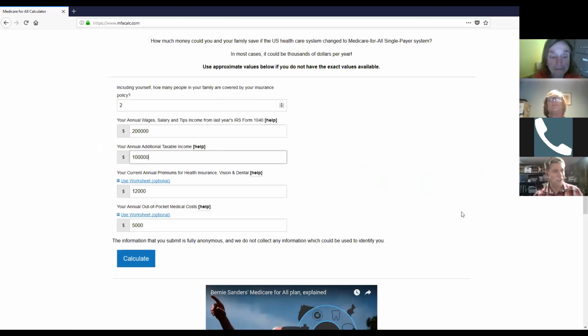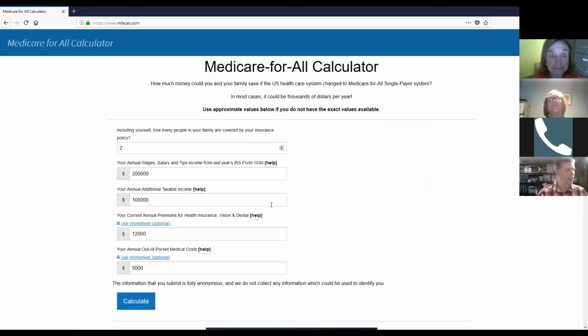Yep. Excellent. Okay, so to go through this again, let's increase an individual's income closer to the point where they might have to start paying some. So we'll have an annual income of $200,000, additional income of $100,000, so a total income of $300,000.